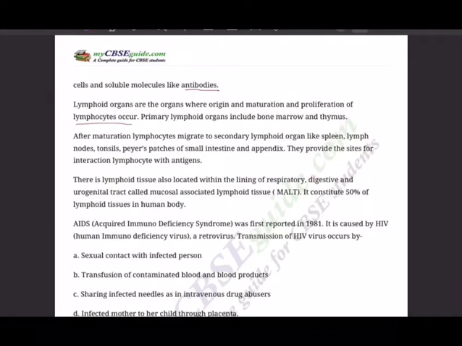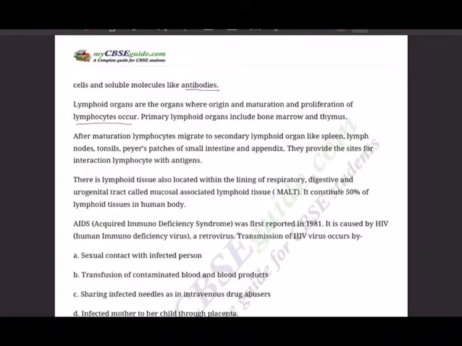Basically, it is the lymphatic system. The lymphatic system consists of lymph ducts and lymph nodes, and it carries a liquid called lymph, either slightly yellow or colorless. And the lymph consists of lymphocytes. So this is how a lymphatic system works.